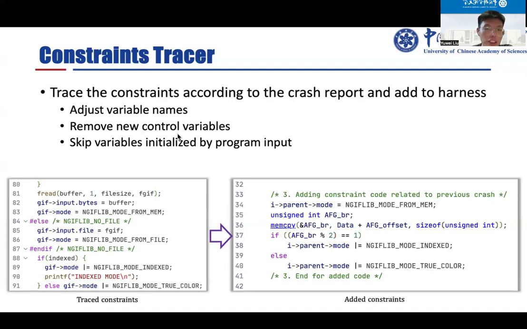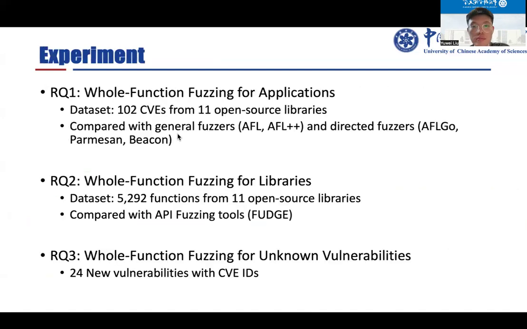We need to adjust the variable names, remove new control variables, and skip variables initialized by the program input. Finally, we add the adjusted constraints back into the fuzzing harness and run it again to filter the false positives and confirm the real vulnerabilities.